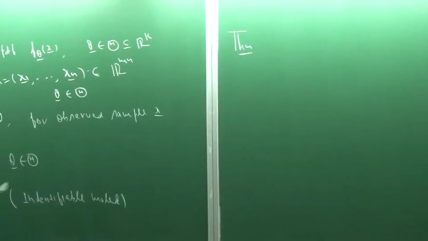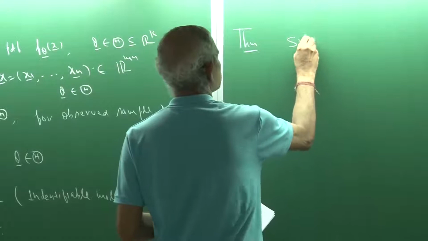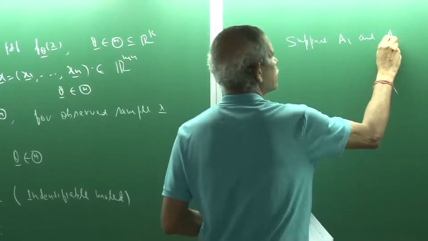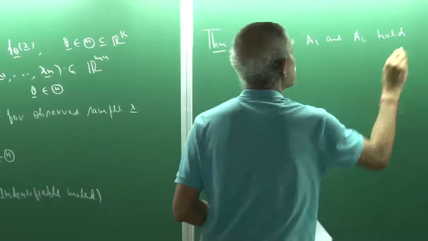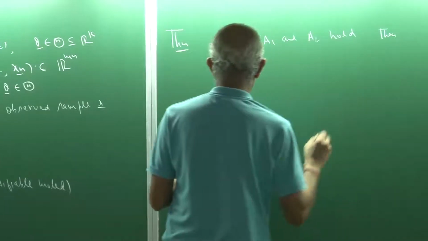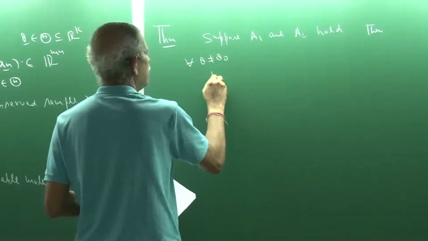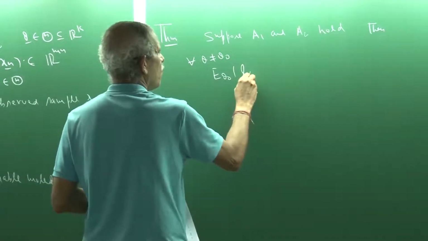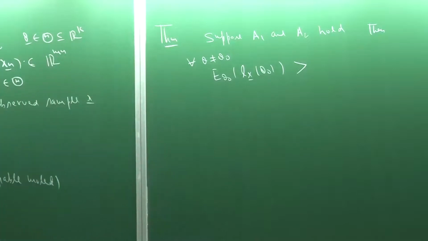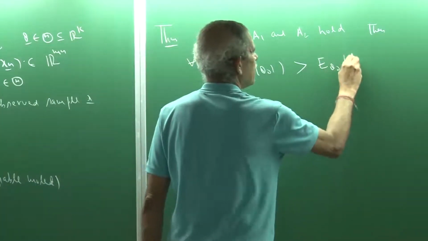What does that result say? Suppose A1 and A2 hold, then for every theta not equal to theta naught, E theta naught of Lx theta naught is always strictly greater than E theta naught of Lx theta.